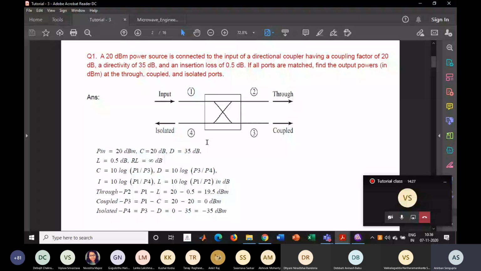That is P3, the power at the coupled port, minus the directivity. So coupled port power is 0 and directivity is given as 35 dB. So the isolation port power will be minus 35 dBm. So this is the answer of the first question.